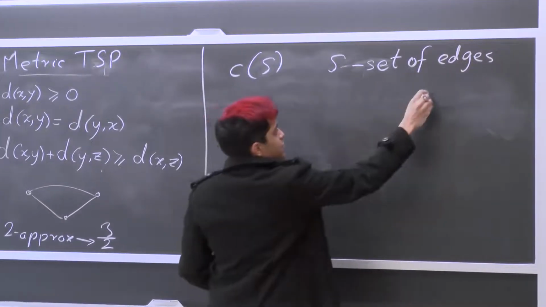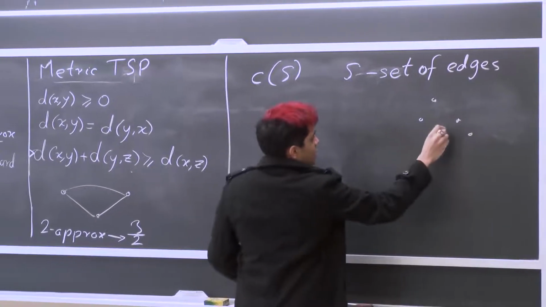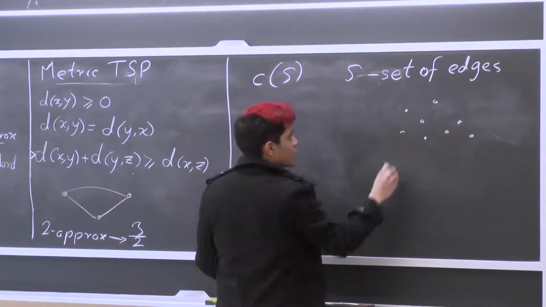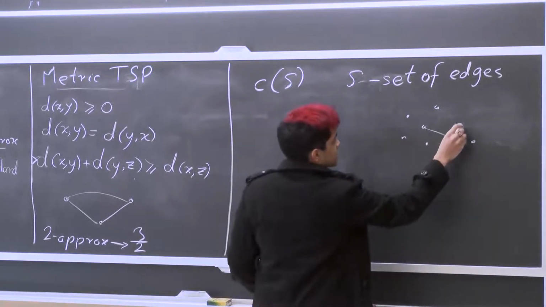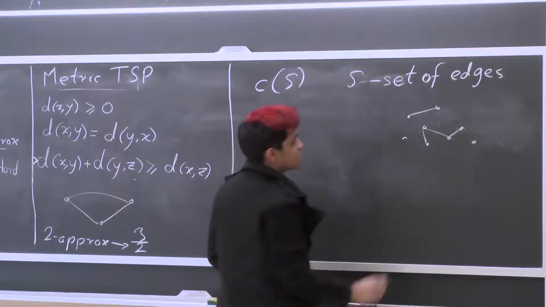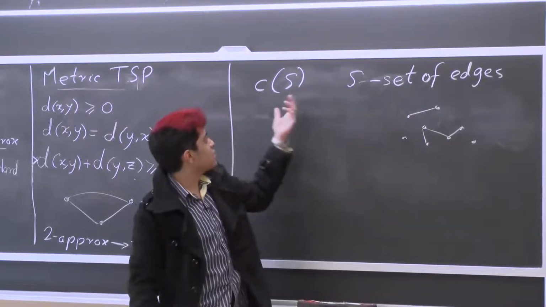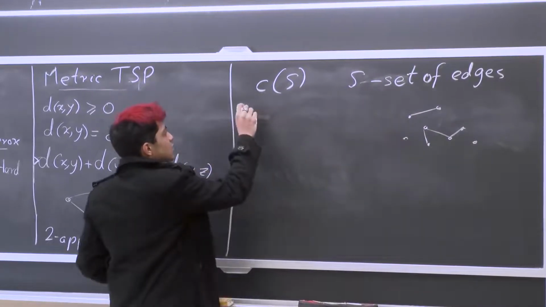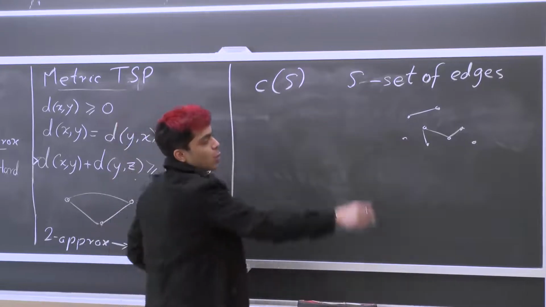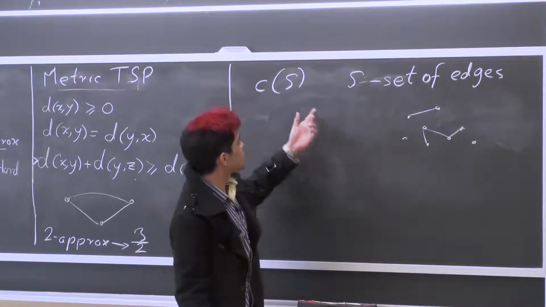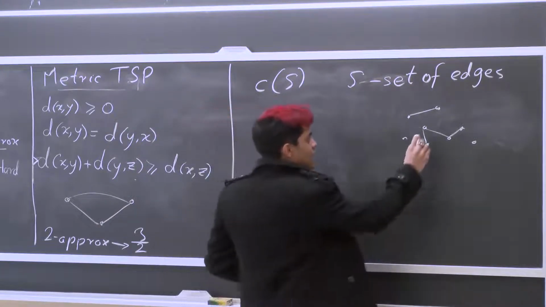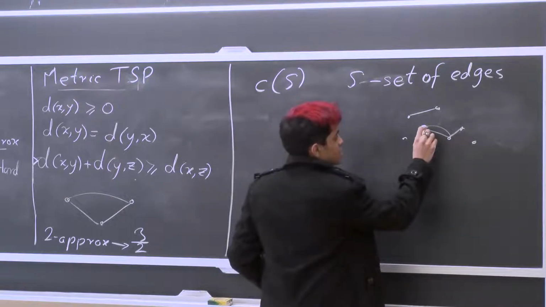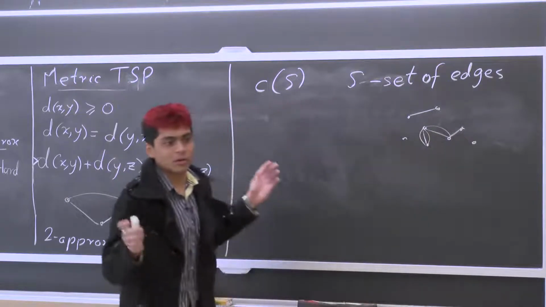So if you have your graph here, your set of edges could be something like this, this, this, this. So that's a set of edges. And C of S is defined as the sum of the weights of all the edges. And this actually should be a multi-set because you can count the same edge twice. So you can count this edge 3 times or however many times you want.